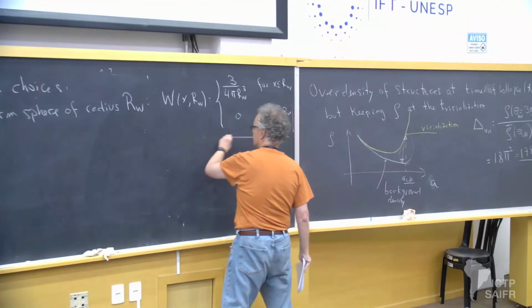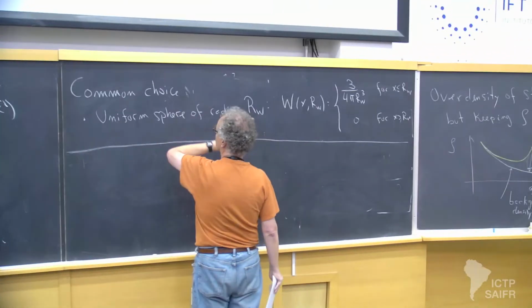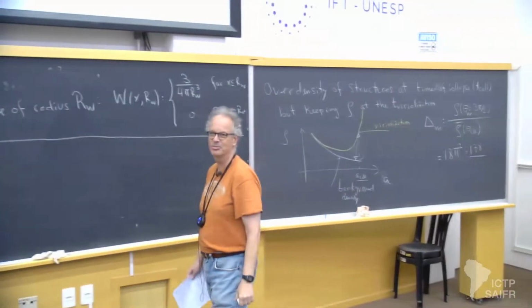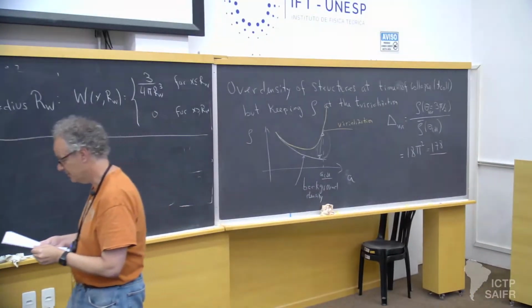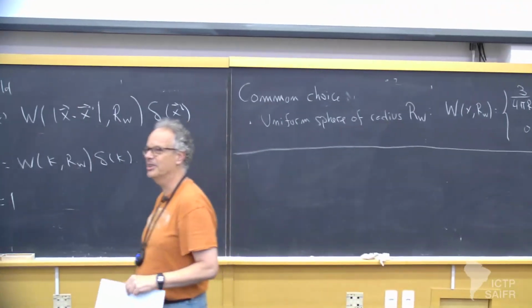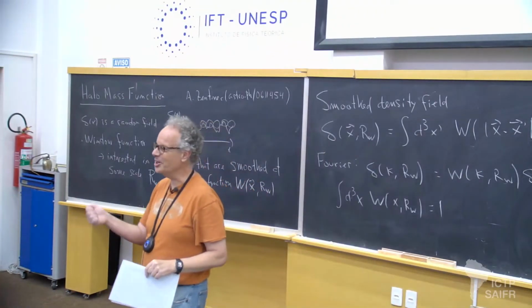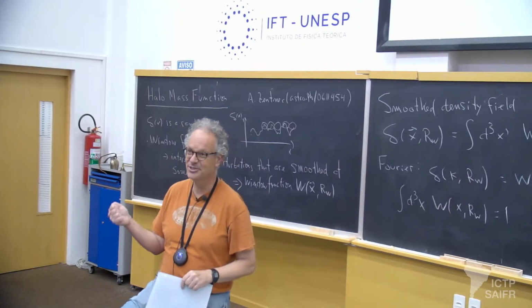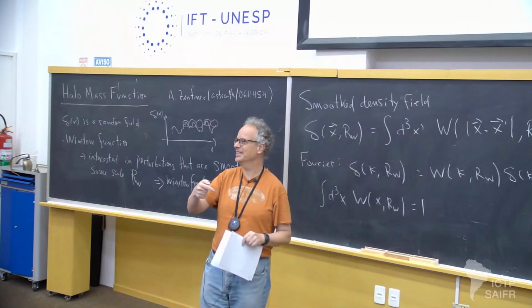So just to tell you that there are others, okay? But that's the common choice. This is the choice I'm going to use. This is a top hat, yeah. Another choice is a top hat in Fourier space, and then when you go to real space, it's complicated.